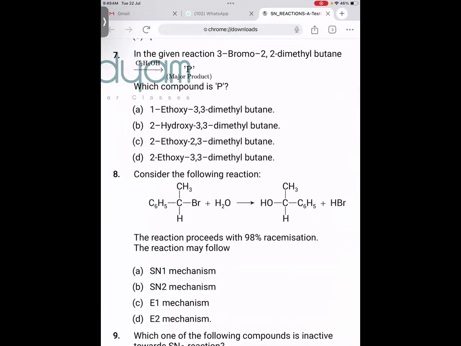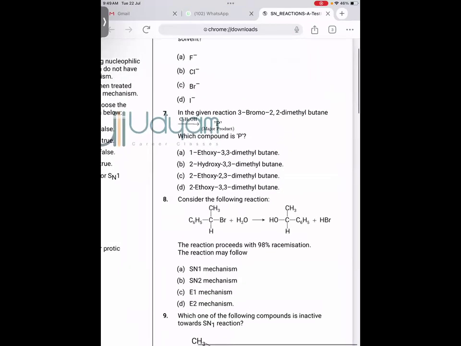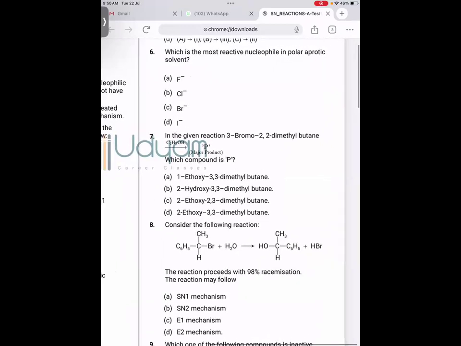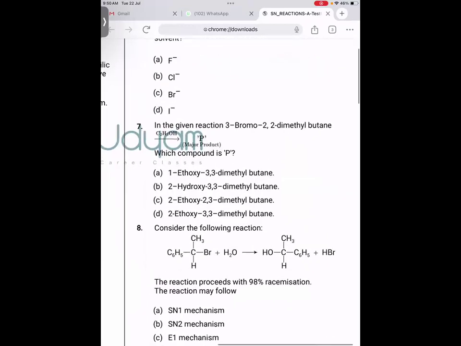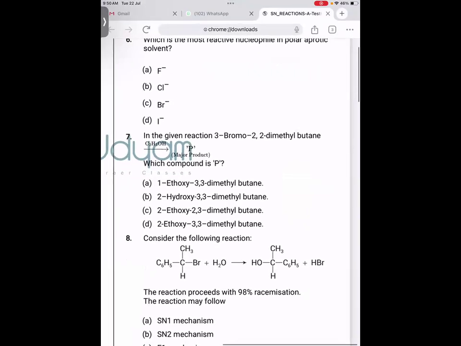The reaction proceeds with 90% racemization. The reaction may follow... Okay. Try question number 6, 7, 8 as well.